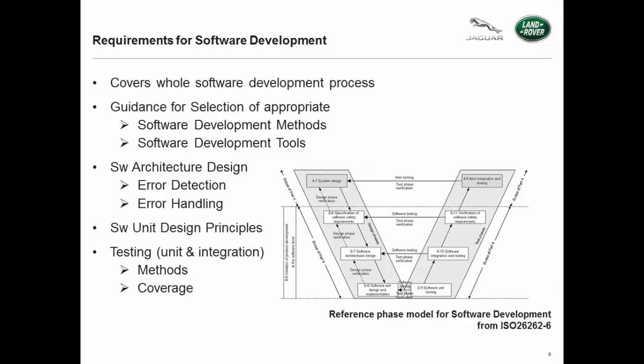It has guidance for selection of appropriate development methods and tools, some guidance on architecture design, unit design, and the relevant verification and testing for unit and integration, with requirements on test methods or test coverage, for example.